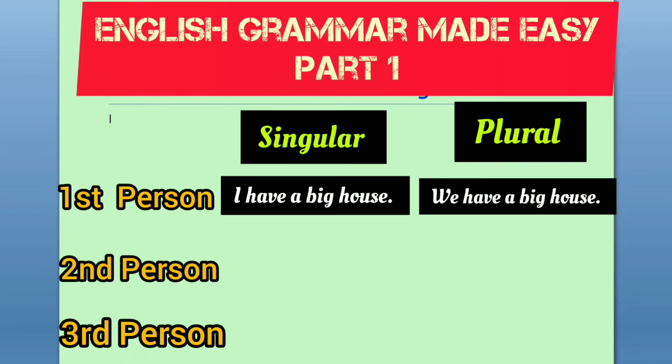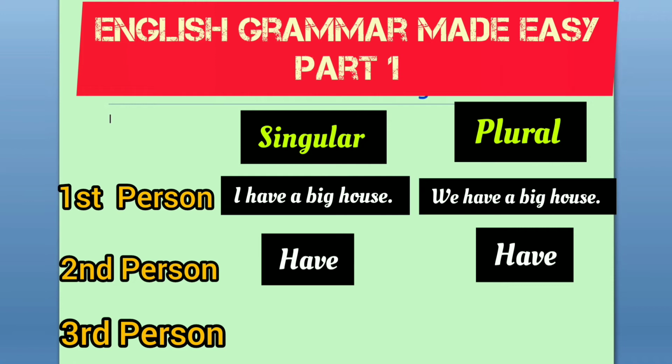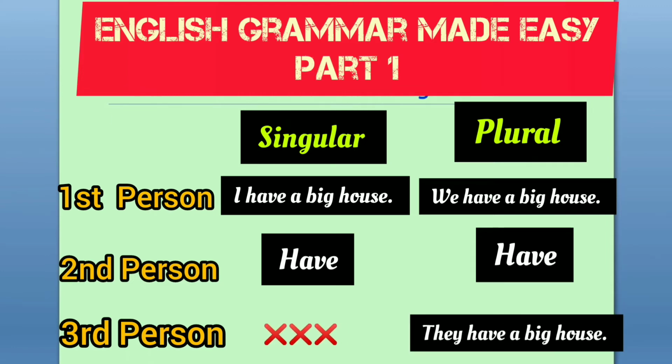Similarly we can also use have after you, and we also use have after third person plural, not singular, as you see on your screen: they have a big house. So in these situations we use have, and I hope there won't be any confusion.